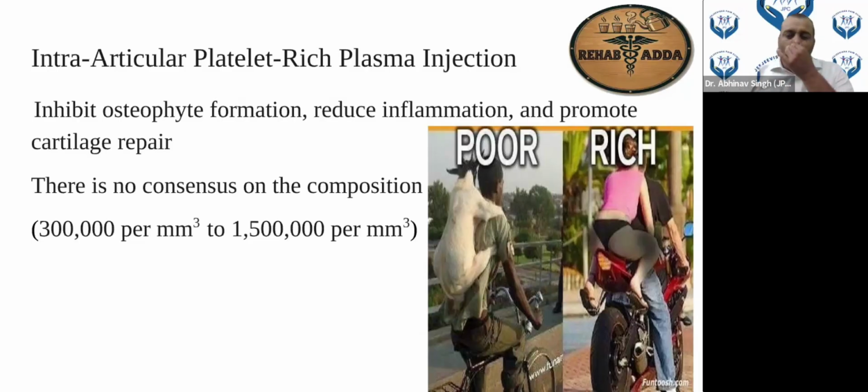The concentration of dextrose varies from 5% to 25, 30%, even up to 50%, some studies have shown. Again, how much to give, whether a local anesthetic has to be given or not, whether bupivacaine is to be added or not, all these things are points of discussion. So keep in mind that whenever you are giving any regenerative therapy, there is always a chance of inflammation before the cartilage repair starts.